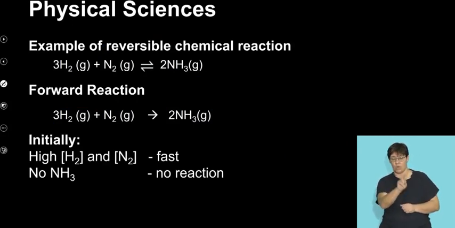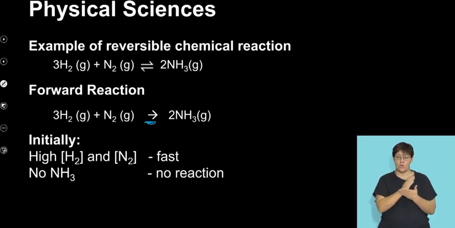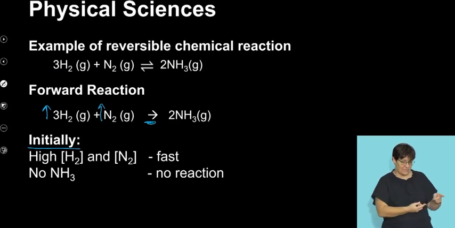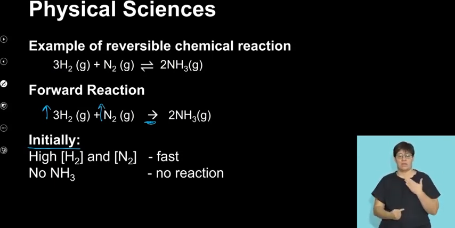When we look at the forward reaction of this reverse reaction, make sure that you focus on the arrow there. You need to know that at the beginning, we have a high concentration of hydrogen gas and a high concentration of nitrogen gas. And the high concentration is due to the fact that it's the only thing that's currently in the vessel.